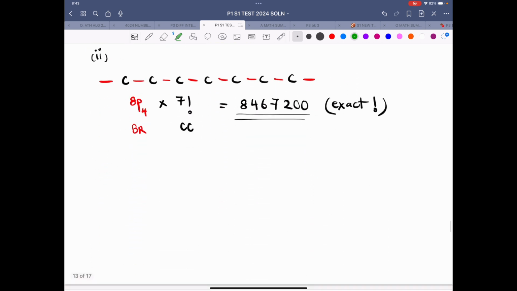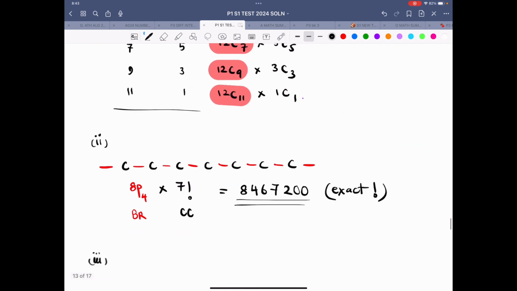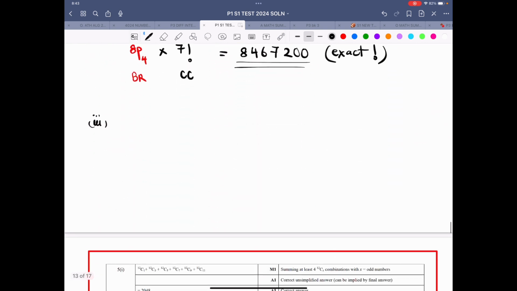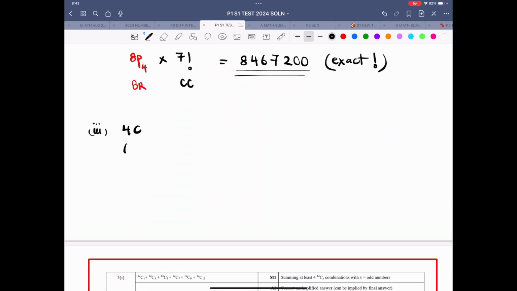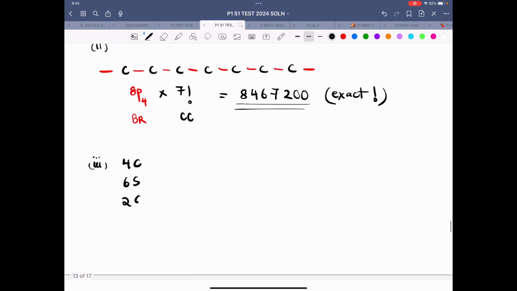Let me write it out with the black marker: 4C, 6S, and 2G for gingerbread. Now this is the concept of identical objects. That's part 3, and the previous part was about different objects.